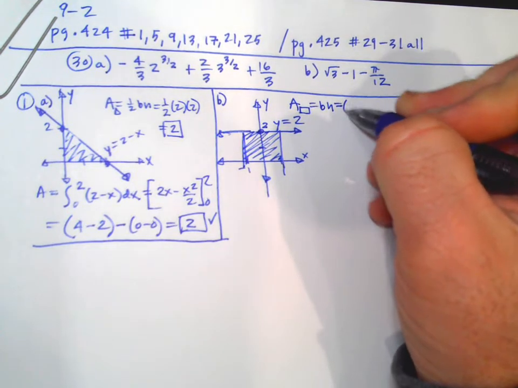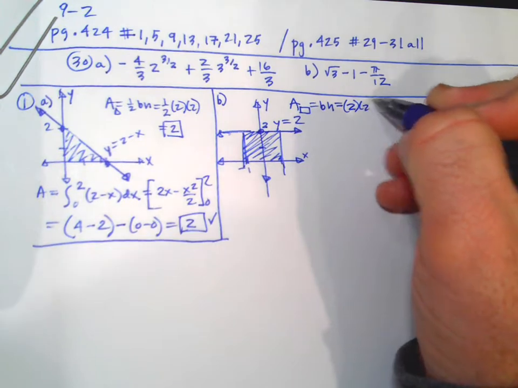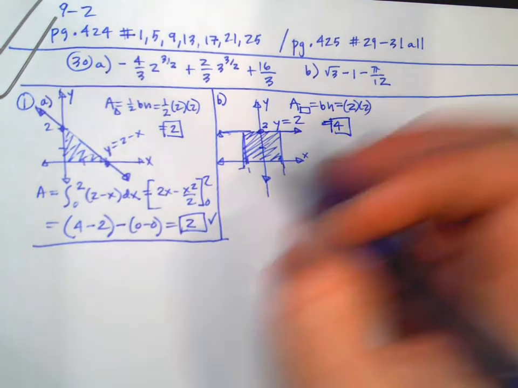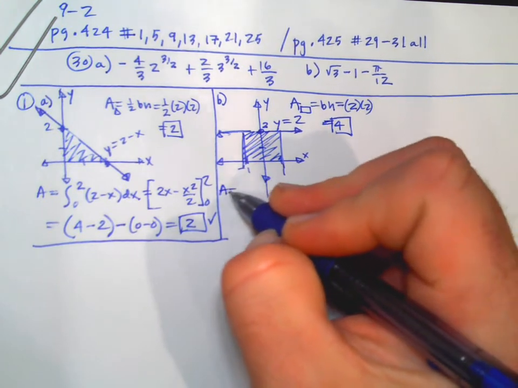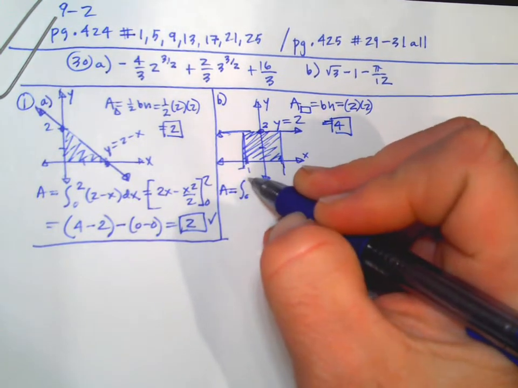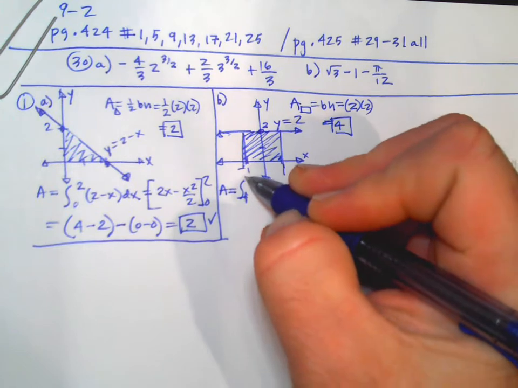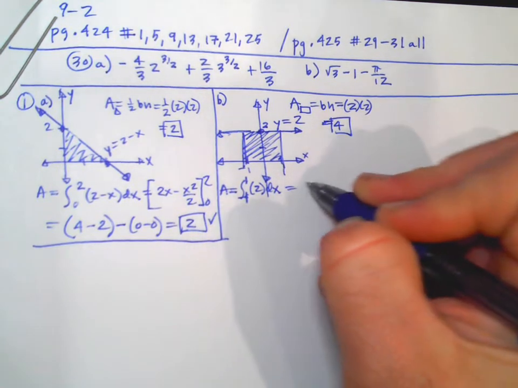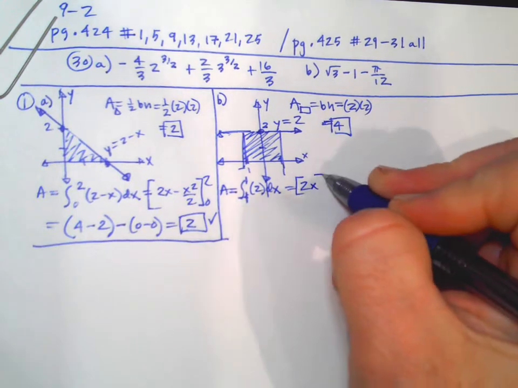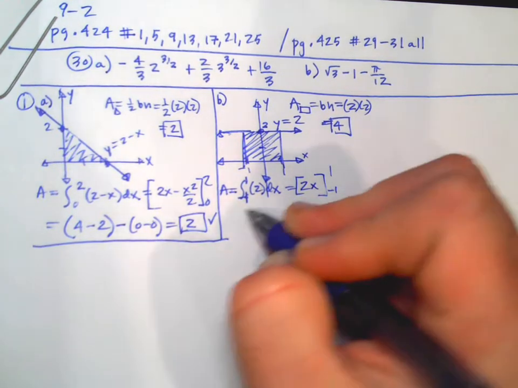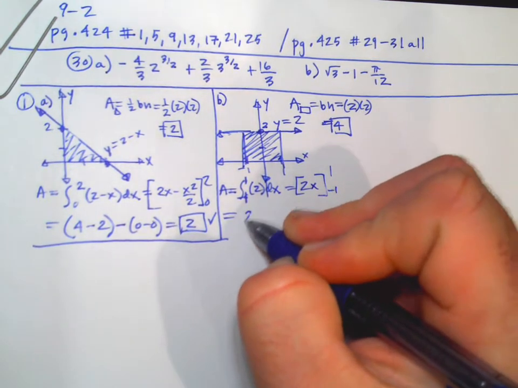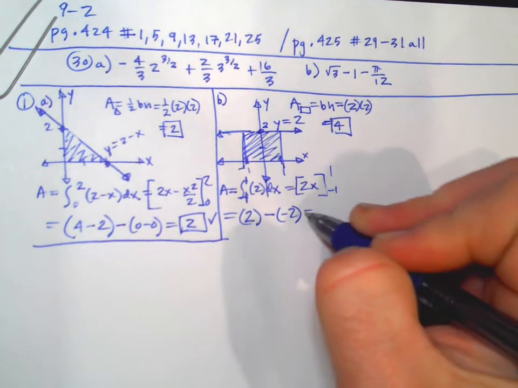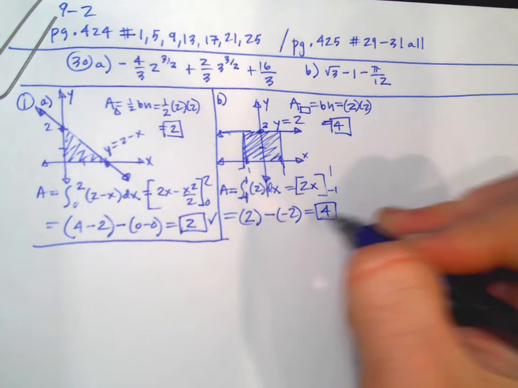The base is 2 and the height is 2, so the answer is 4. Doing more of a calculus approach, the integral from -1 to 1 of 2, the antiderivative is 2x. Plug in 1 and you get 2 minus -2, which gives you 4.